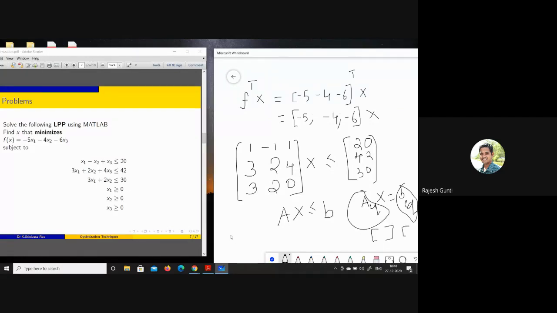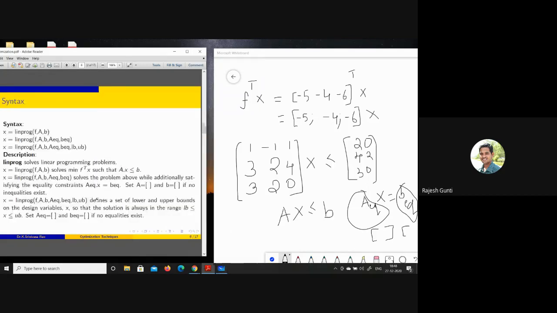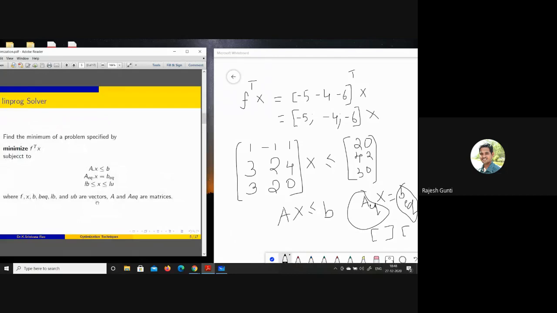This is lower bounds. How to write this in terms of matrix? Suppose you take x1, x2, x3: 0, 0, 0 less than or equal to x1, x2, x3.